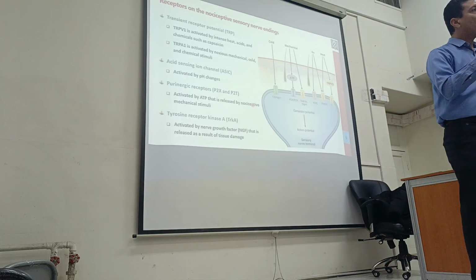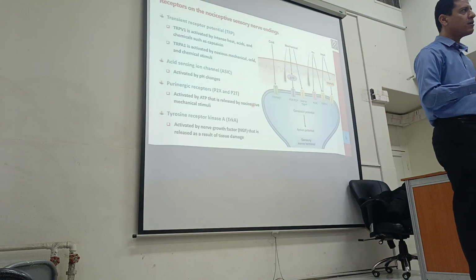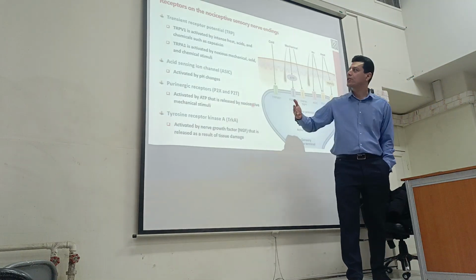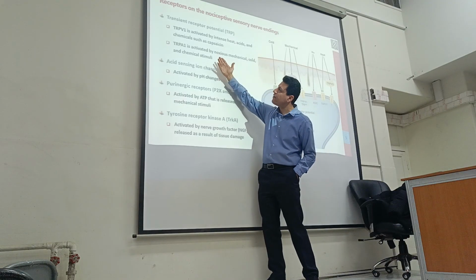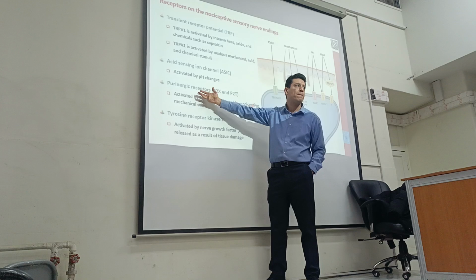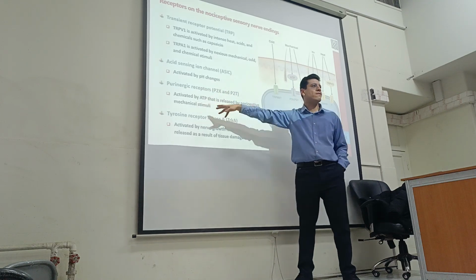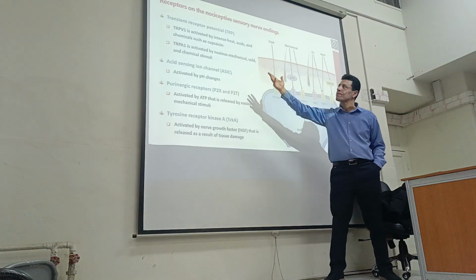But for pain receptors, we have other types of ion channels. We have several categories. You can see that we have 4 or 5 different types of ion channels.